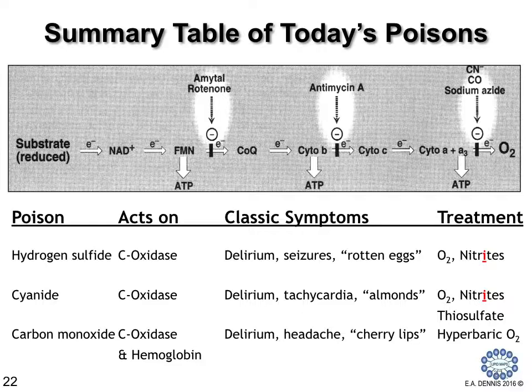And they all exhibit classic symptoms of delirium with slightly different parameters: seizures, a smell of rotten eggs for hydrogen sulfide, tachycardia, and a bitter almond taste for cyanide, headaches, cherry lips for carbon monoxide. And the treatments are similar for all three of them. The addition is that carbon monoxide also binds to hemoglobin and affects its functioning.